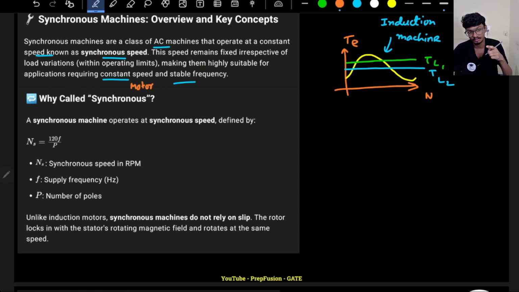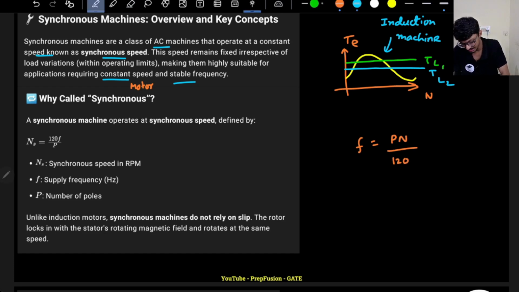When I need to generate power, induction machines can also generate power with the help of an induction generator, but there the frequency of the AC induced EMF will not be constant. What does the frequency depend on? The frequency is 120 f by P, so f equals P into N divided by 120, correct?